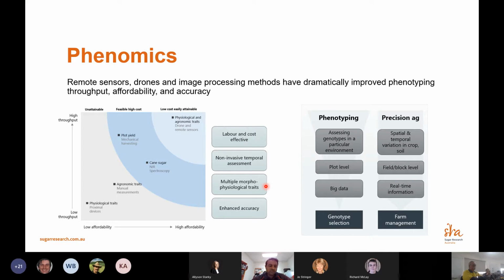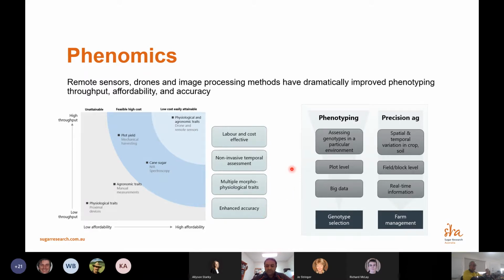But with the drone, you can measure that in a matter of minutes at all stages of the crop. And not only that, all the traits that we measure using a drone are of high accuracy. We can get really centimeter-level precision images, and we can use that to extract traits with really high accuracy. And it also takes the operator and the human error out of the equation.